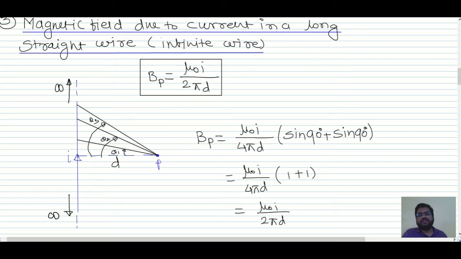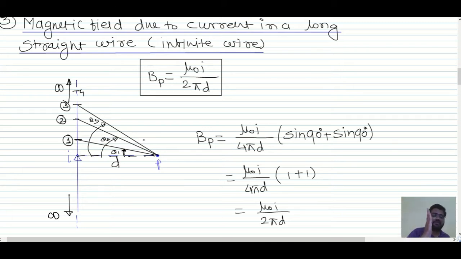Now if I take, this is the perpendicular distance d, and I want what is the angle from the perpendicular to the upper end. Upper end is at infinity. That indicates if you take this angle to the first point, second point, third point, fourth point, as you can see, the angle is increasing. We want till infinity.